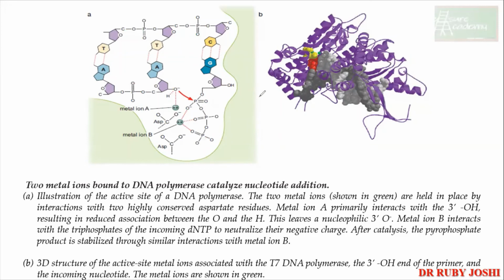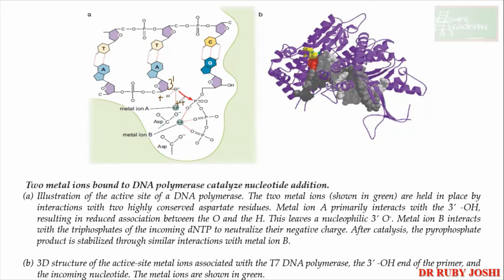And look at here. The first metal ion, which is represented as A, what is its job? It is going to interact with the 3-OH. So it is resulting in the reduced association between the O and H. See, near a negative there was already one positive, now another highly positive comes, so what will happen? This is only plus, this is double plus.